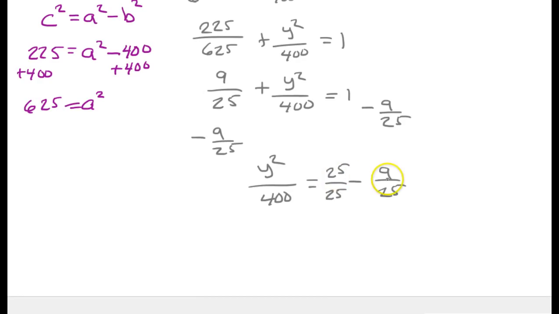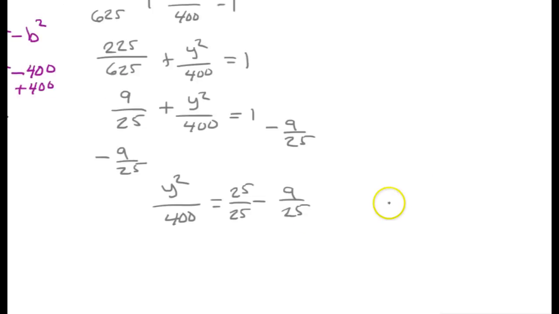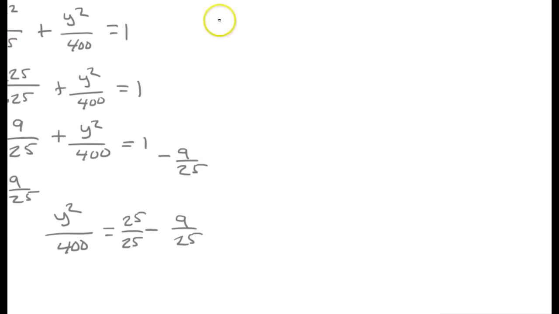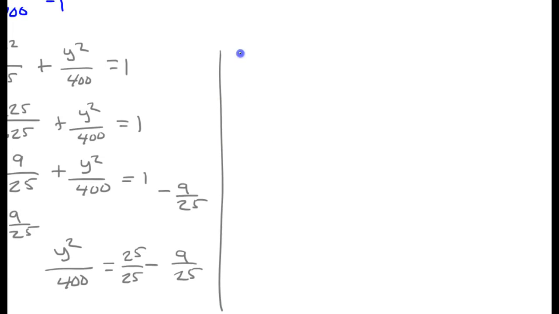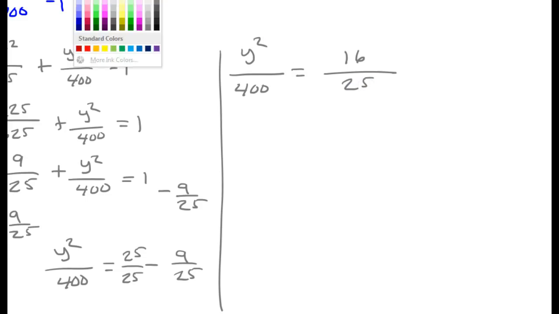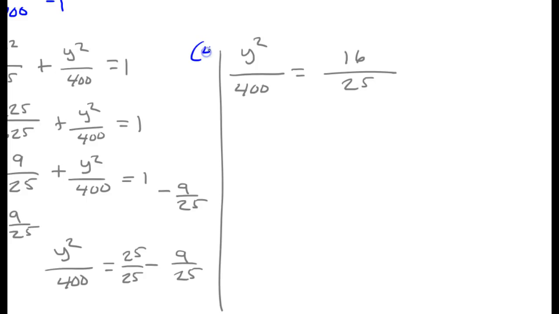Okay, so 25 minus 9 is 16. Alright, I think I'm going to need more space at this point. Okay, so I've got y squared over 400 is equal to 25 minus 9 is 16, so that's going to be 16 over 25. Time to multiply both sides by 400.